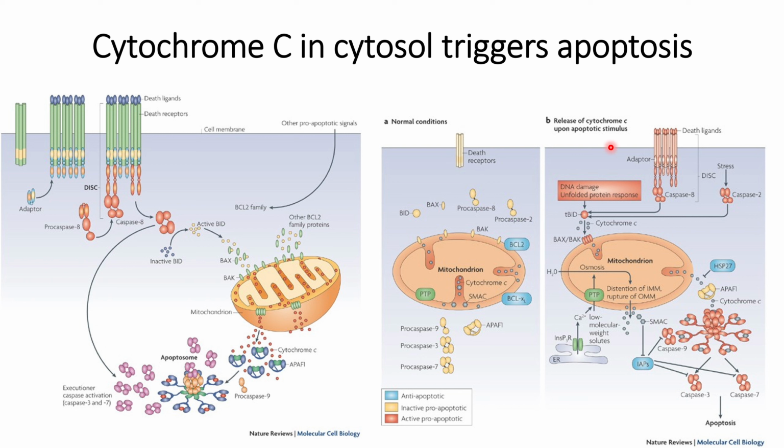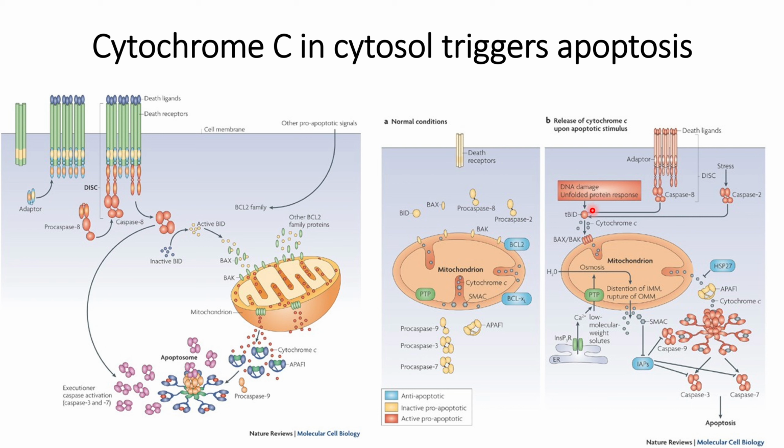So how this leakage of cytochrome C into the cytosol occurs is whenever there is an apoptotic stimulus, either extrinsic or intrinsic, and some of the factors could be DNA damage or unfolded protein response.